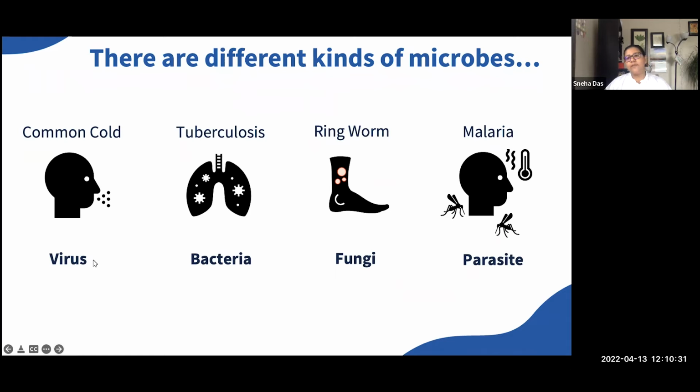In fact, it's the same family of virus that's causing COVID-19. And also many of you identified correctly that tuberculosis is caused by a bacteria. Interestingly, ringworm is actually caused by a fungus. So it's a fungal infection of the skin, while malaria is caused by a parasite called Plasmodium.